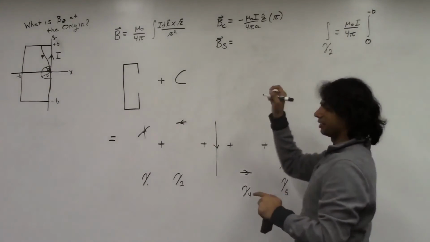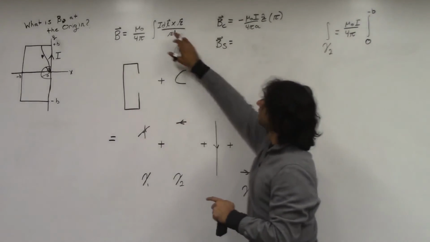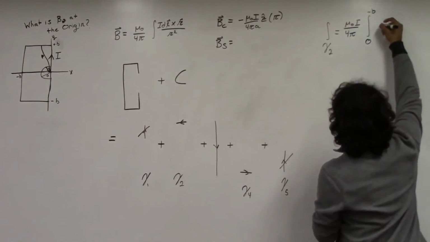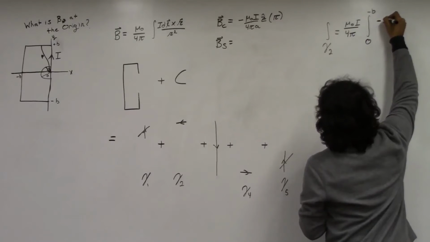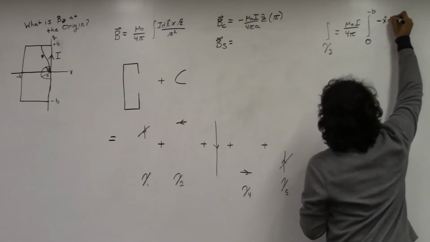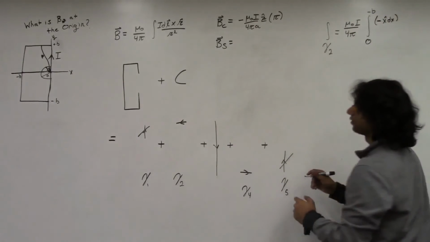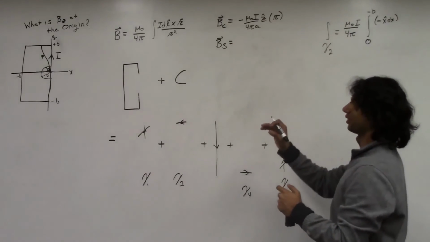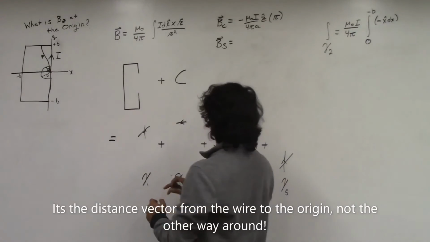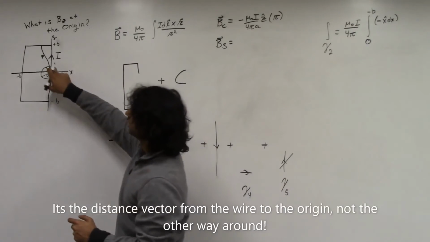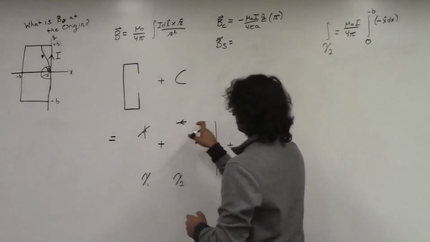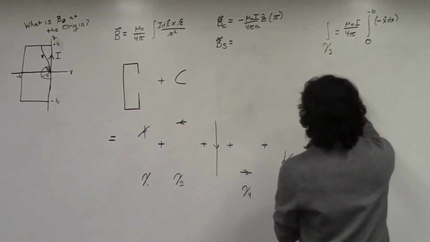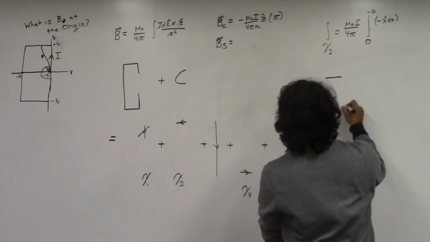And my integrating dl is minus dx, but it's in the x hat direction. And then I have to do the cross product with the distance vector. So we need to find the distance vector from the origin to this component, which we've used before. I'll draw out a small little schematic.